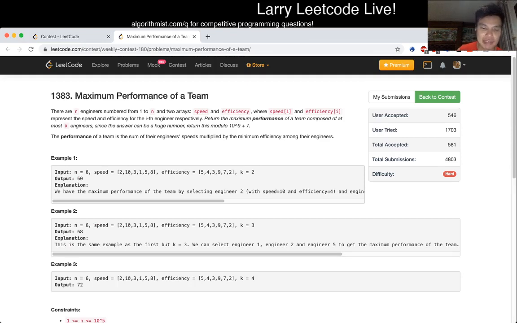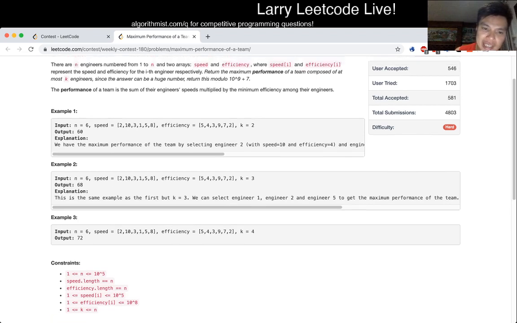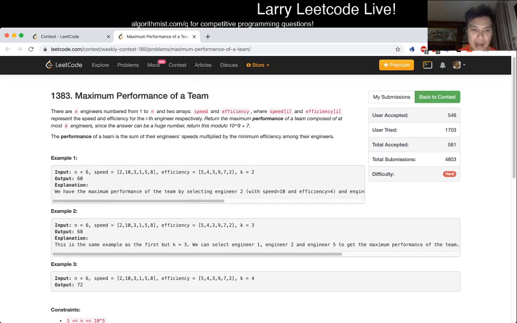Another way that I was thinking about was a little bit more brute forcey, even though I saw that n is 10 to the 5th. So I was like, okay, what is the n squared way of doing it, right? The n squared way is sort everything by efficiency, because for me, I was just trying to create an invariant in which everything inside held some condition for which this is all true.